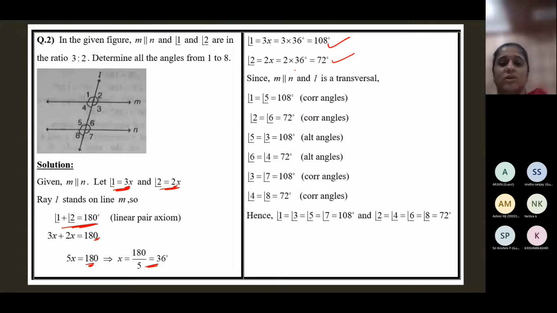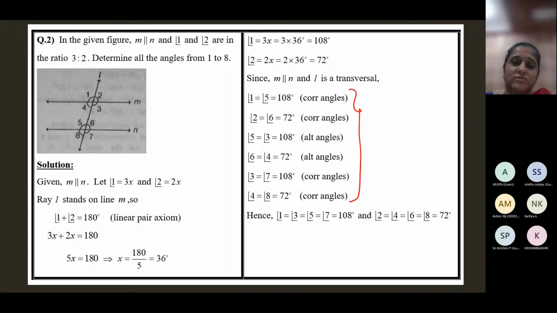Now that you got angle 1 and angle 2, you can find the other angles using the different concepts you have in parallel lines. Corresponding angles are equal, alternate angles are equal. So you can use them and find the other angles. This part, children, you can present in different ways.